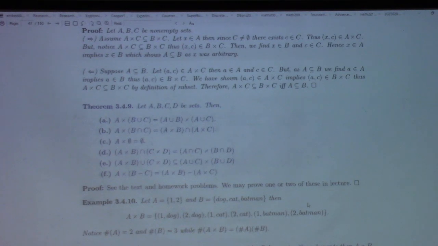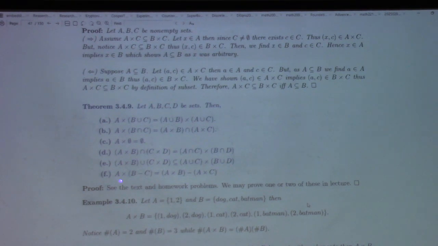Here are some other properties of Cartesian product. The Cartesian product of a set with a union of two sets is the union of the Cartesian products of that set with each set separately. And so here Cartesian product also plays well with intersection. We also have these sort of distributive laws of the Cartesian product with union and intersection.